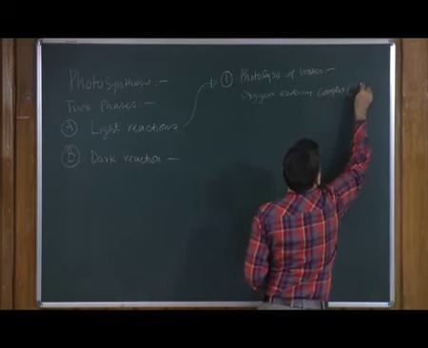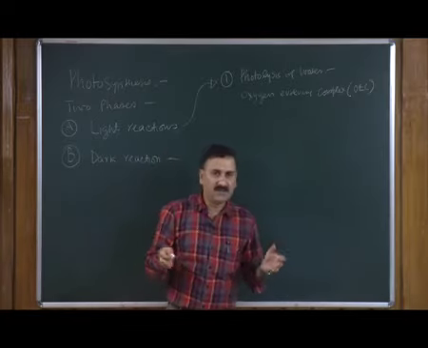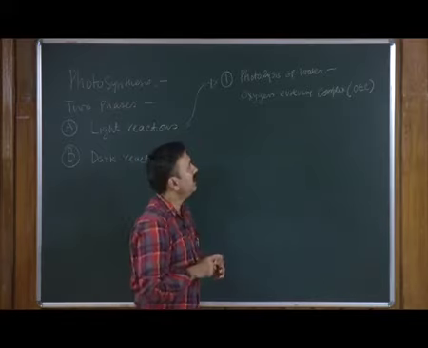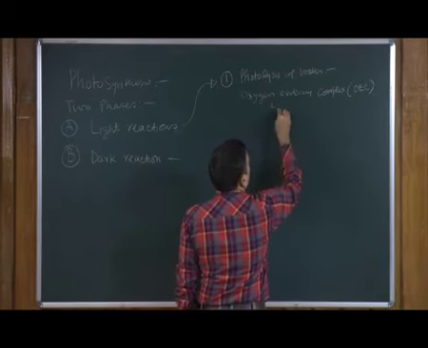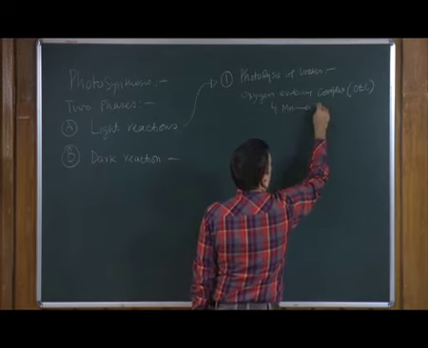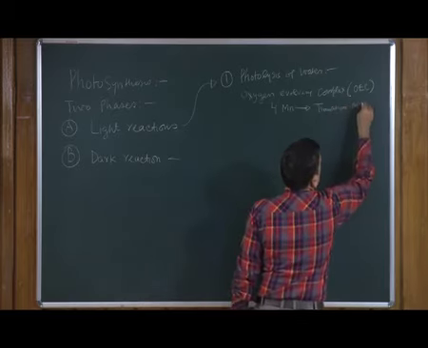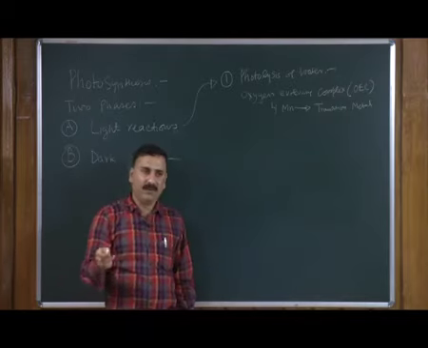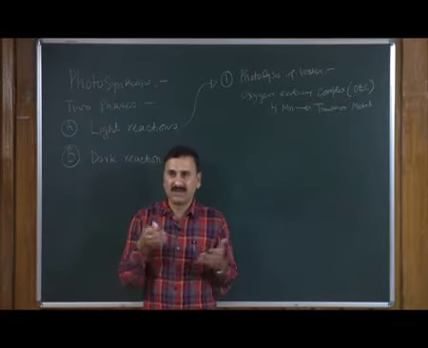Or it's called OEC. The oxygen evolving complex is an enzyme which contains manganese at its active site. So, it contains 4 molecules of manganese, and manganese is a transition metal, and you know that most transition metals can vary their valency or transition states.